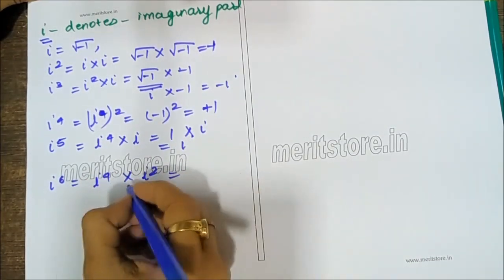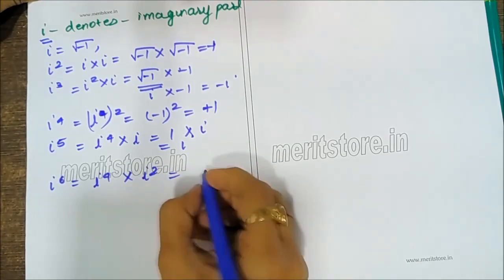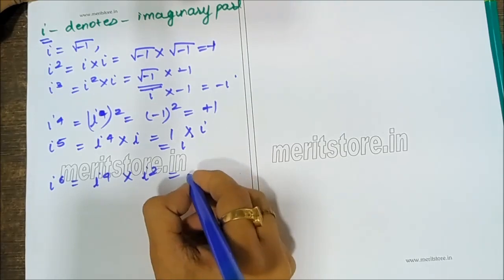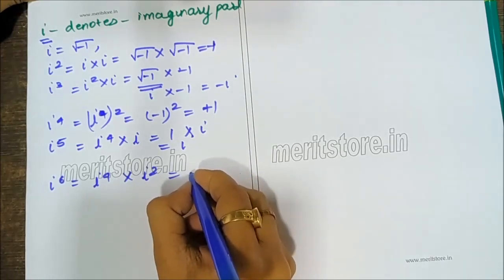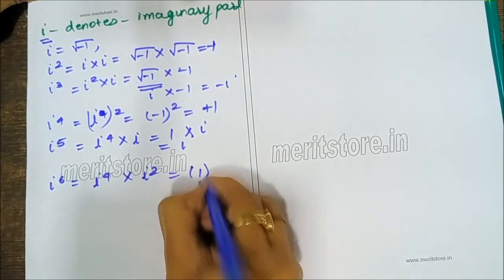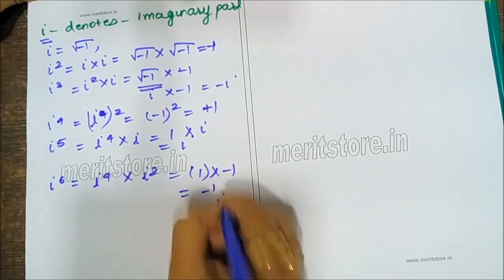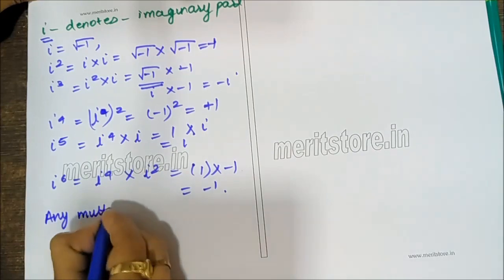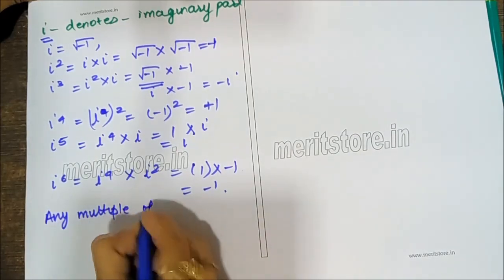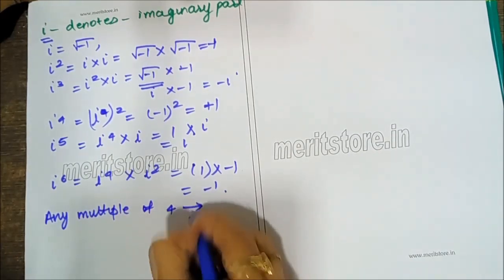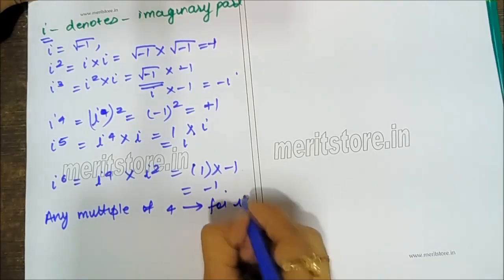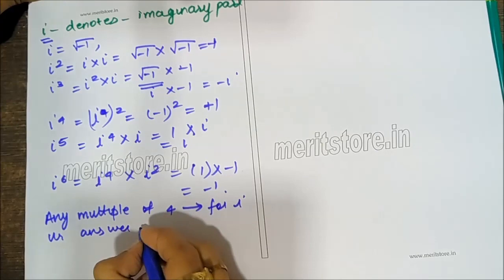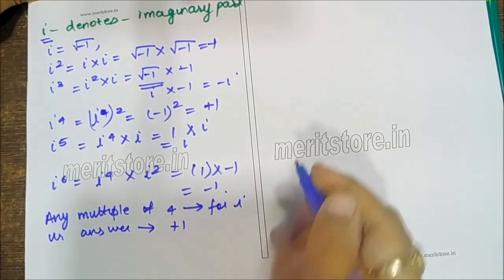So here we are adding basically, multiplication, law of indices. Here you will write as 1 into minus 1, that is minus 1. So any multiple of 4 for i, your answer will be positive 1.